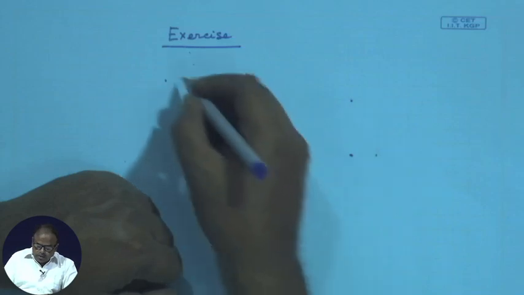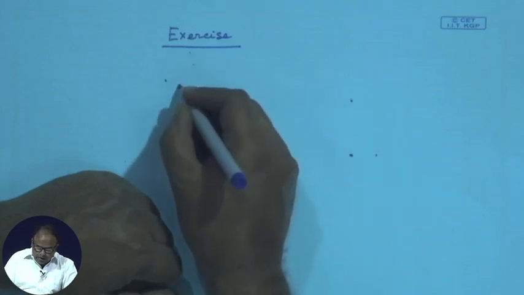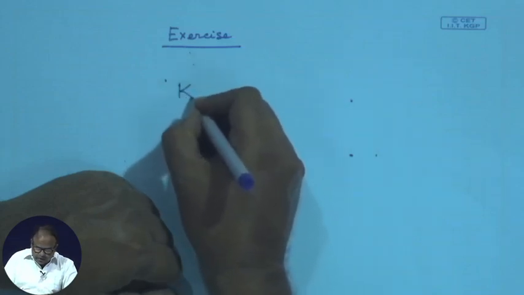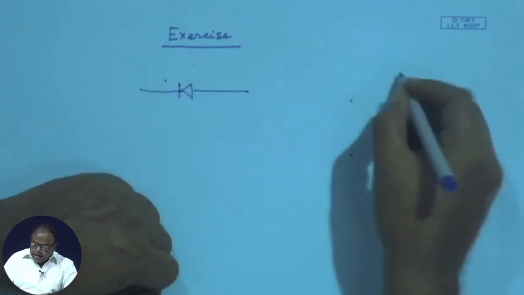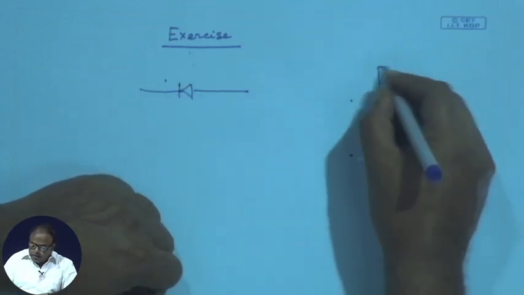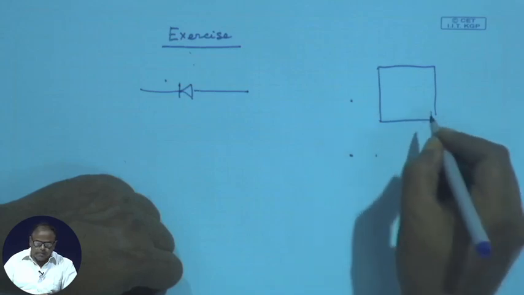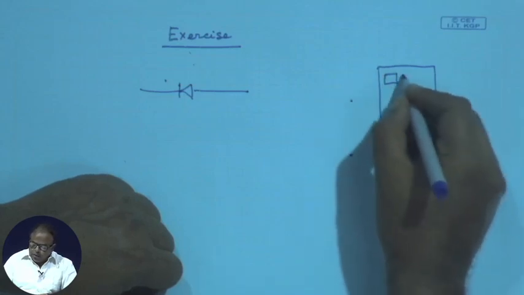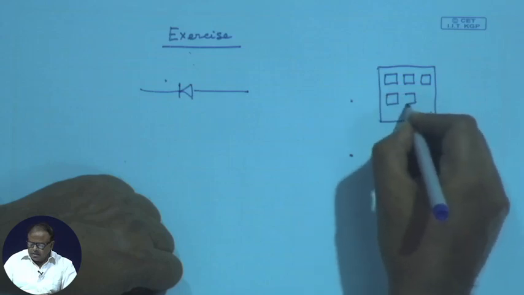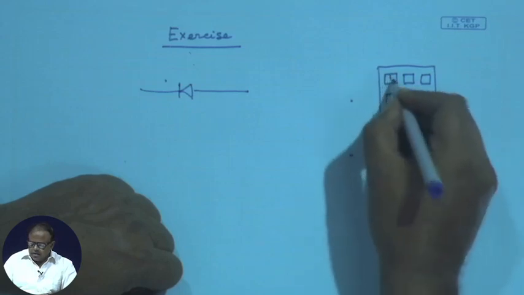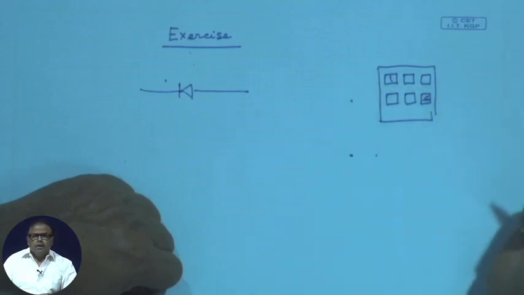Suppose you have got the LED here and I have got a keyboard here, and the keyboard has got, say, 6 keys. So, 1 to 6 values are there.